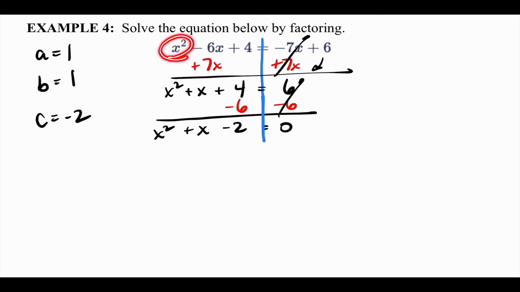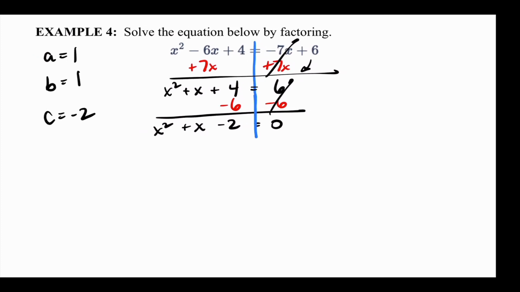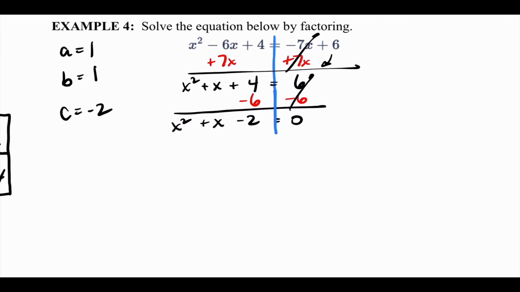Whatever side keeps A positive, that's the side I would go with. Because if you did it on the other side, you would get negative x squared minus x plus 2. That's not wrong, but then A would be negative 1, and it could cause some issues down the road. So to avoid those issues, just always keep A positive.